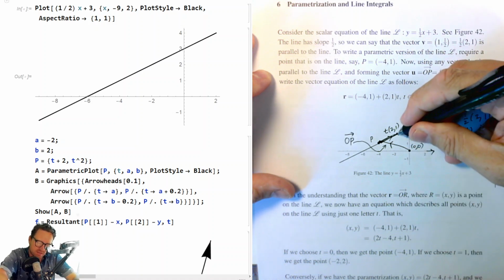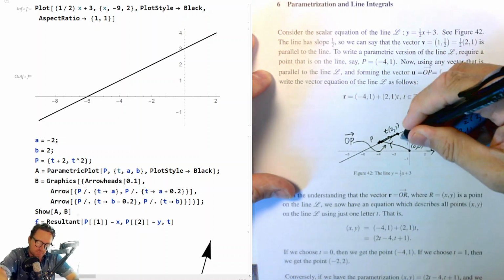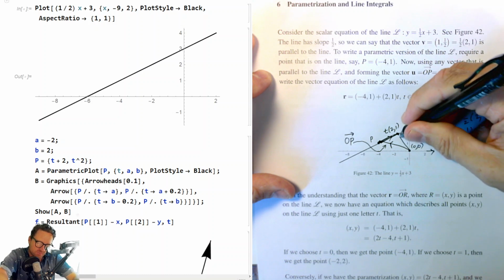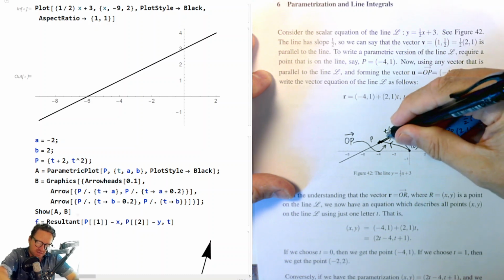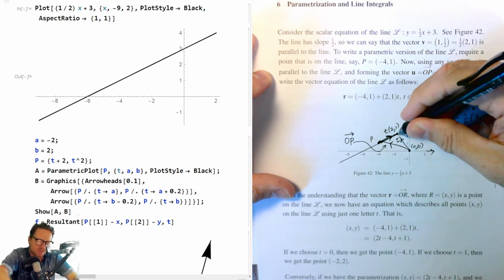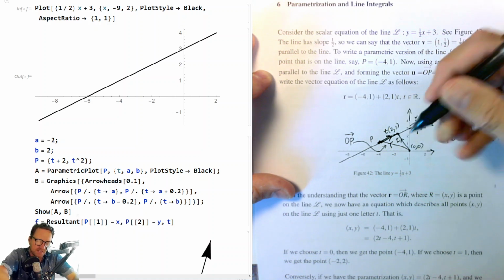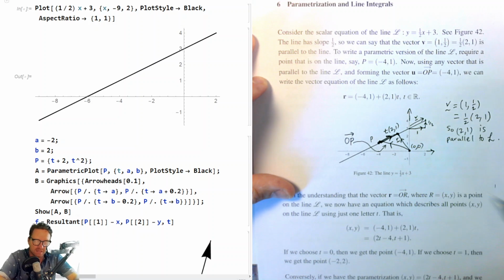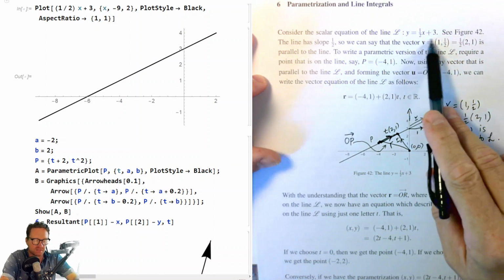If we just add this vector plus this vector, remember how vector addition works, this is the vector r. But since it's from the origin to a point on the line, it also gives us a point on the line. Now, what we want to do is find an arbitrary point on this line.